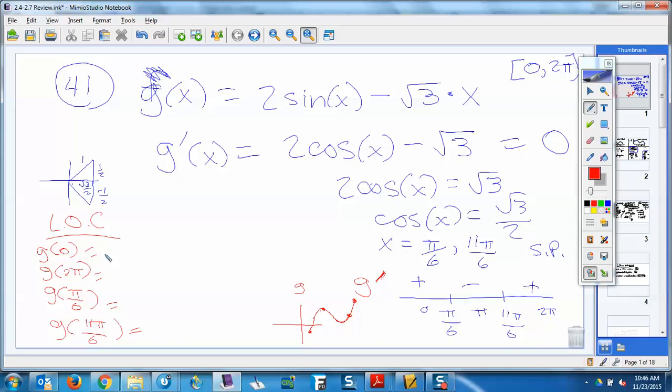Now you would take 0, 2 pi, this, and we plug that into this function. Last week I was showing you how you could have defined this as your g function, so now you can just type in g of 0, g of 2 pi, but you don't have to. Right now, if you want to plug a 0 into this, just type in 2 times sine 0 minus square root of 3 times 0, just like you would if you were using an old TI-30.